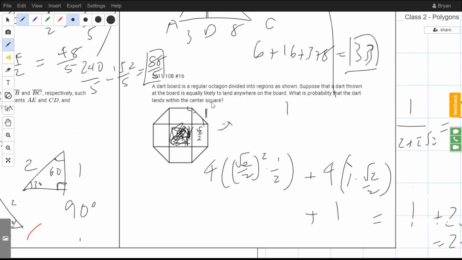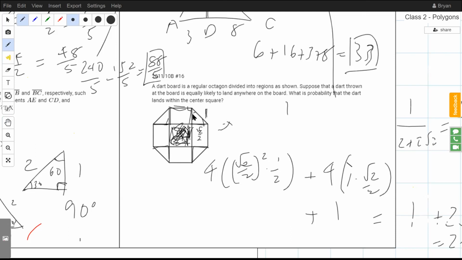First, since it's regular, we know that everything is symmetric, which means all of these little lengths are the same. That's not the only way of showing that, but I'm just going to go with it. We also know the angles are 135 degrees from the table I showed earlier.